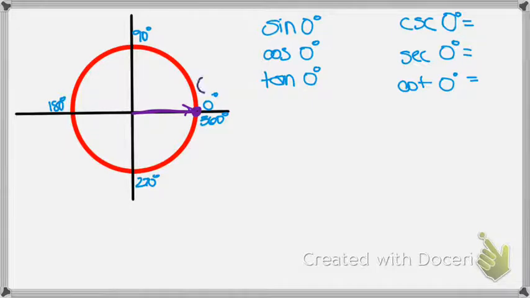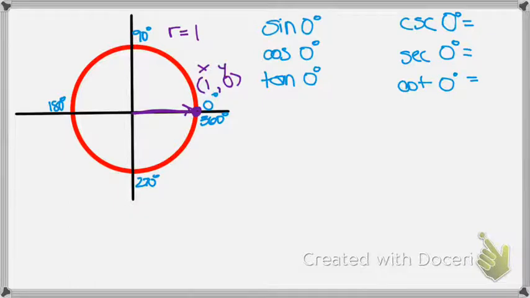To get to that purple point I've drawn there, how far am I going to the right? 1. How far am I going up and down? 0, because it's a point on the x-axis. And what's the radius for every single one of these? 1. So this is my x, this is my y, that's my r.